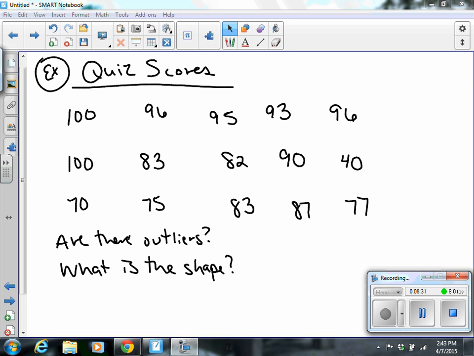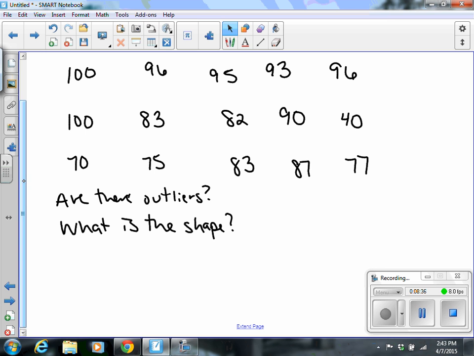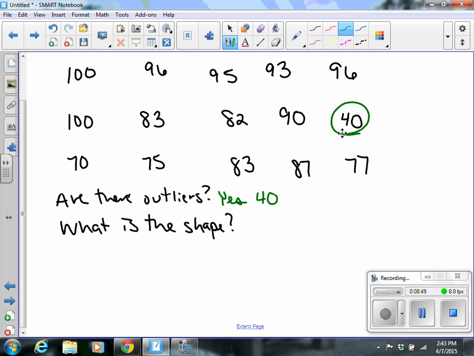Looking at the quiz scores here, I'm going to set up my histogram. And some of you might have already noticed this, just looking at it. What's the data that doesn't fit? Yes, there is an outlier, and it is 40. But I still need to figure out what the shape is. So I'm going to use my histogram then to calculate my shape. So with that being said, I'm going to use intervals of 10.